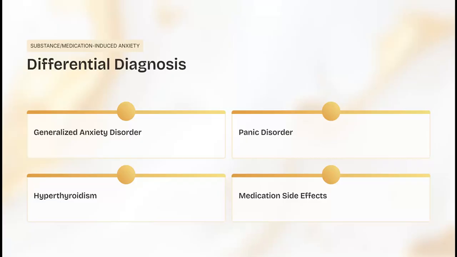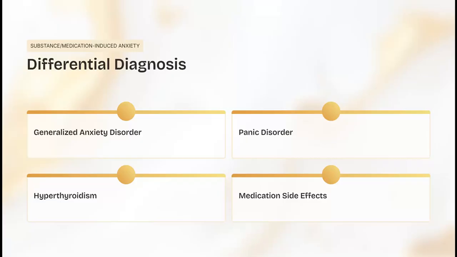The key diagnostic task is establishing clear temporal and pharmacologic relationship between the substance use and the anxiety symptoms. So we have to actively exclude some other potential causes of anxiety, like generalized anxiety disorder. That is characterized by a chronic, pervasive worry, and that is going to predate or is independent of a substance.